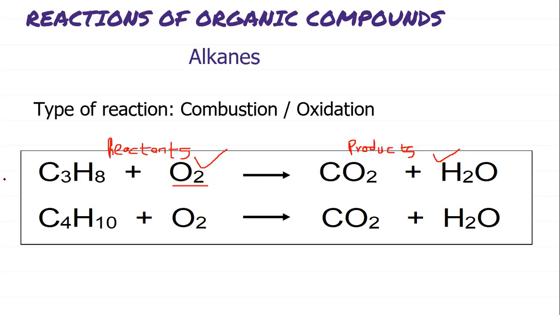And then you look at your oxygen molecules, and that will be the last one. So the best sequence for balancing is first to balance the carbons, then the hydrogens, and lastly the oxygens.